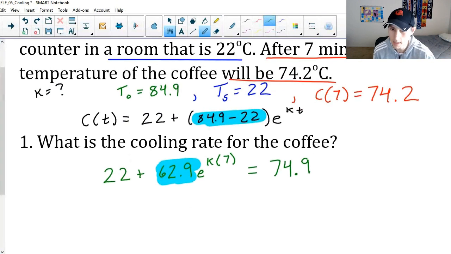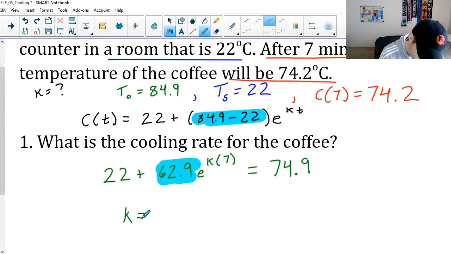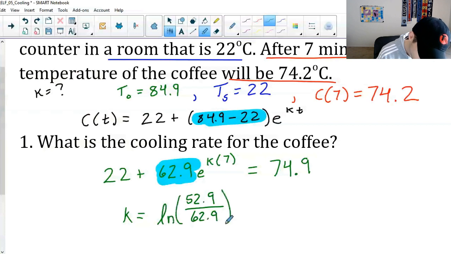Now I have everything set up like I need to actually solve for K. So first thing, I'm going to subtract 22 from both sides, which will give me 52.2. Divide by 62.9 on both sides. Take the natural log of both sides. And then divide by 7.